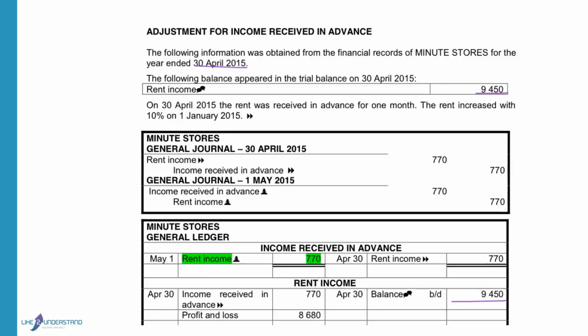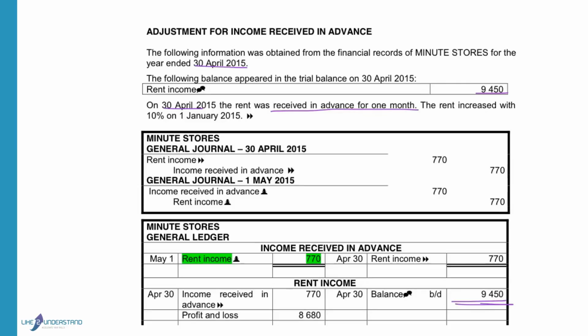We want to transfer the total income for the year to the income statement and profit and loss at the end of the year. On 30 April, the last day of the financial year, rent was received in advance for 1 month. So included in this 9,450 is rent for 1 month that is not part of the current year.